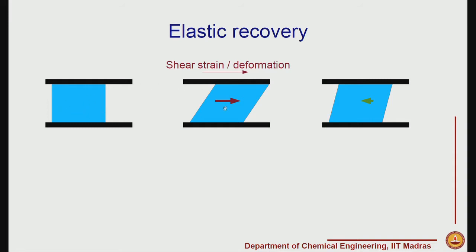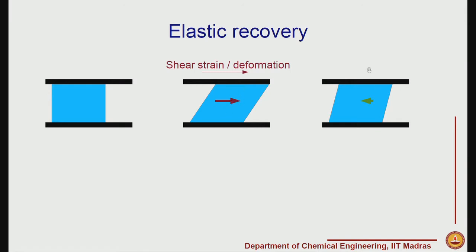Now, since we have taken a fluid material, in case of a Newtonian fluid the fluid would just remain wherever it is, because in case of a Newtonian fluid there is no recovery possible at all. In fact, a Newtonian fluid is an example of a perfectly dissipative or perfectly viscous system, in which case the mechanical energy that was input through this top plate gets dissipated in the fluid, and therefore there is no elastic recovery at all.